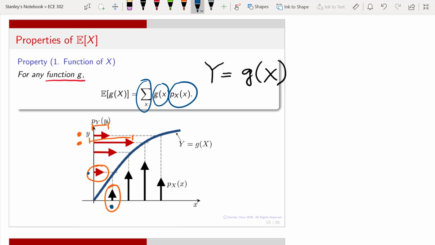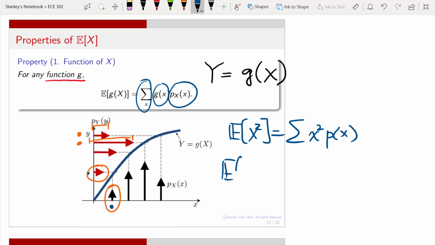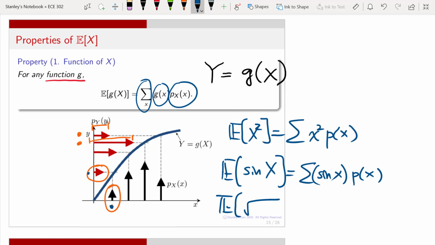A very simple example is that expectation of x squared would just be summation of x squared times p(x). Or expectation of sine x would be summation of sine x times p(x). Or expectation of square root of x, that would just be the summation of square root of x times p(x). Certainly, you're summing over all the possible states of x.